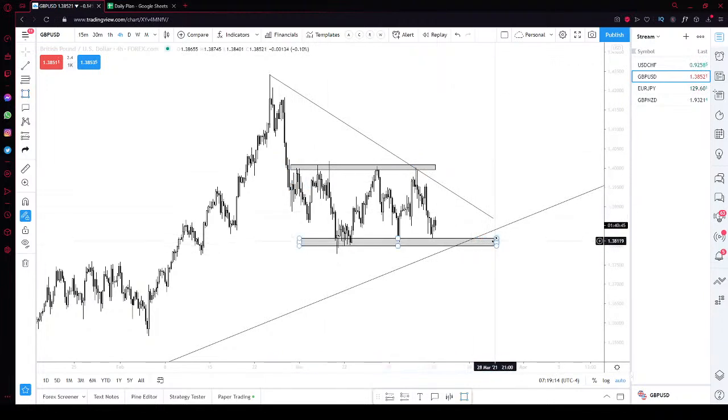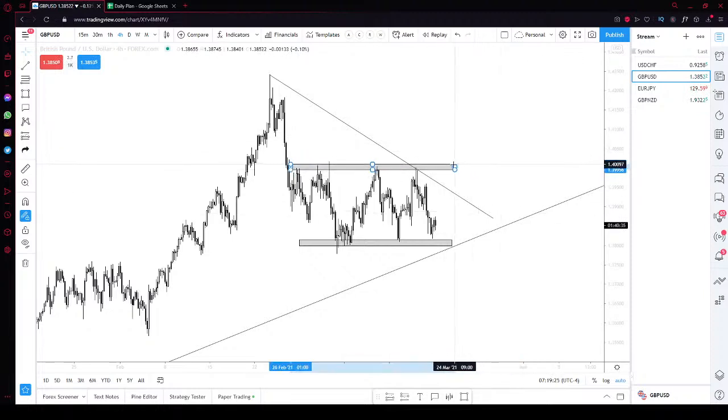So I know a lot of people like to wait for the break of the range, or at least the people that I talk to do. I ideally like to enter within the range at a specific level, whichever I'm biased towards based upon what I've researched or marked up.